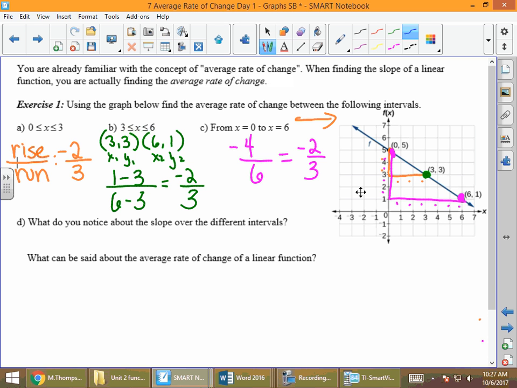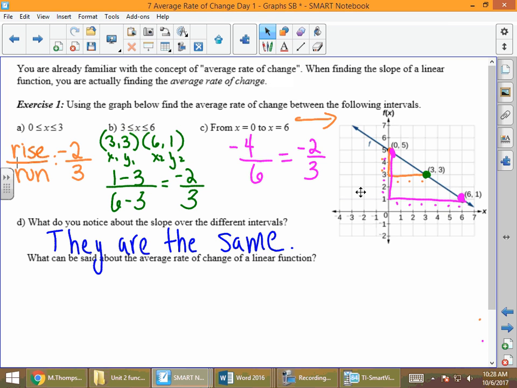Well, what do you notice about our slopes in A, B, and C? They're the same. It doesn't matter what interval we picked, we still get the same slope.